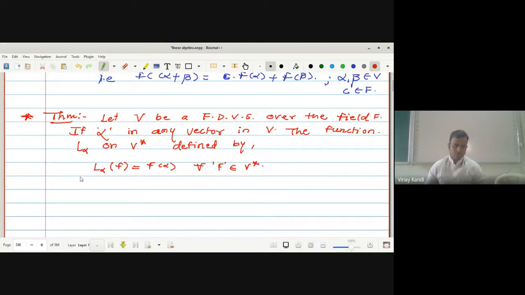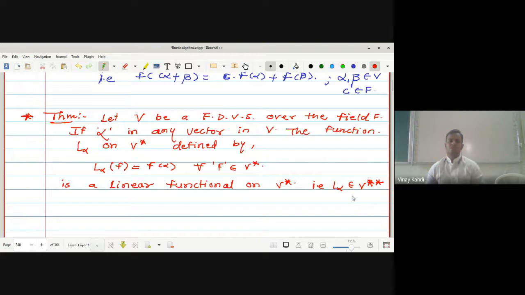Okay, now we have to prove that this function L alpha on V star is a linear functional on V star. ओके, हा जो फंक्शन डिफाइन केलेला तो कसा आहे? लिनियर आहे हे आपल्याला प्रूव्ह करायचं. लिनियर फंक्शनल आहे म्हणजेच काय होईल? दॅट इज वी हॅव टू प्रूव्ह दॅट धिस L alpha बिलॉंग्स टू V double star. इज इट करेक्ट?